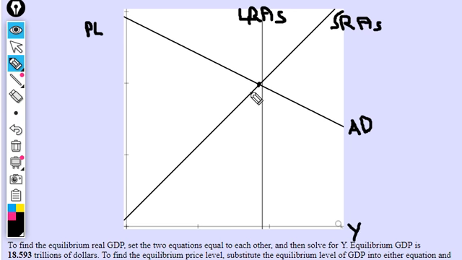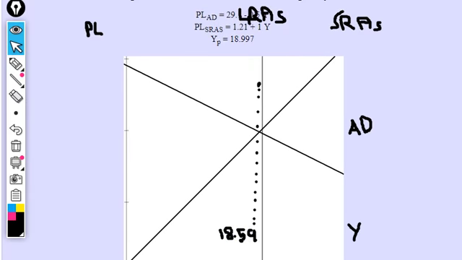That's real GDP, right? So GDP's down here at 18.593. Long run aggregate supply is what? Remember, long run aggregate supply was 18.997.